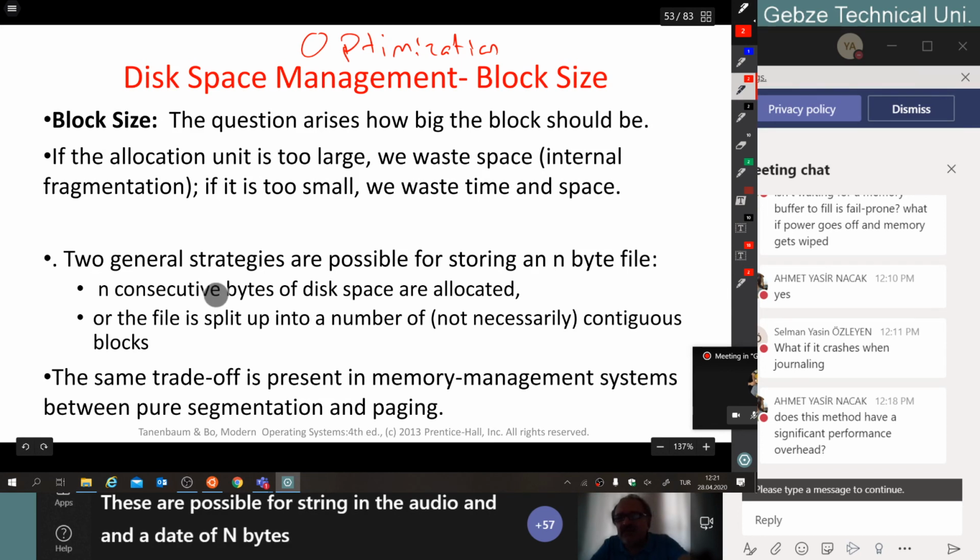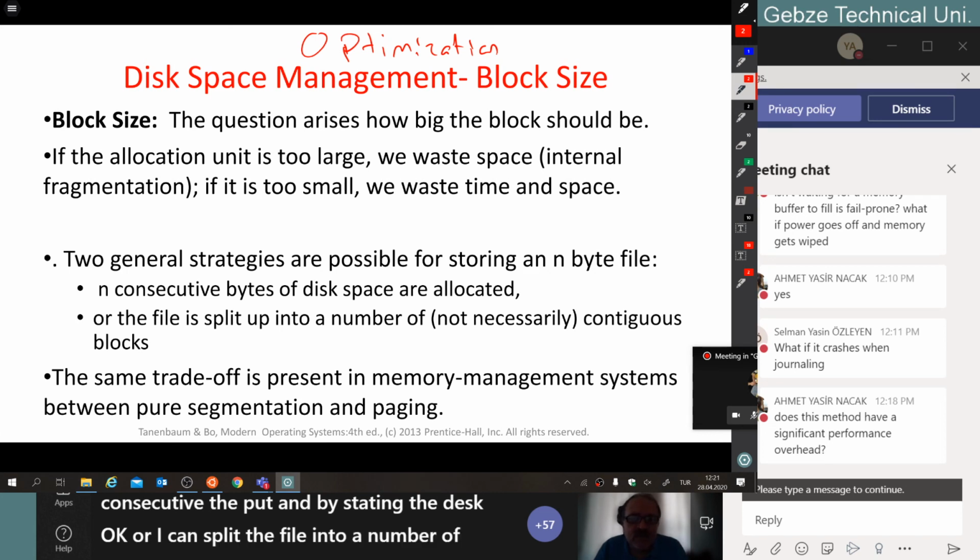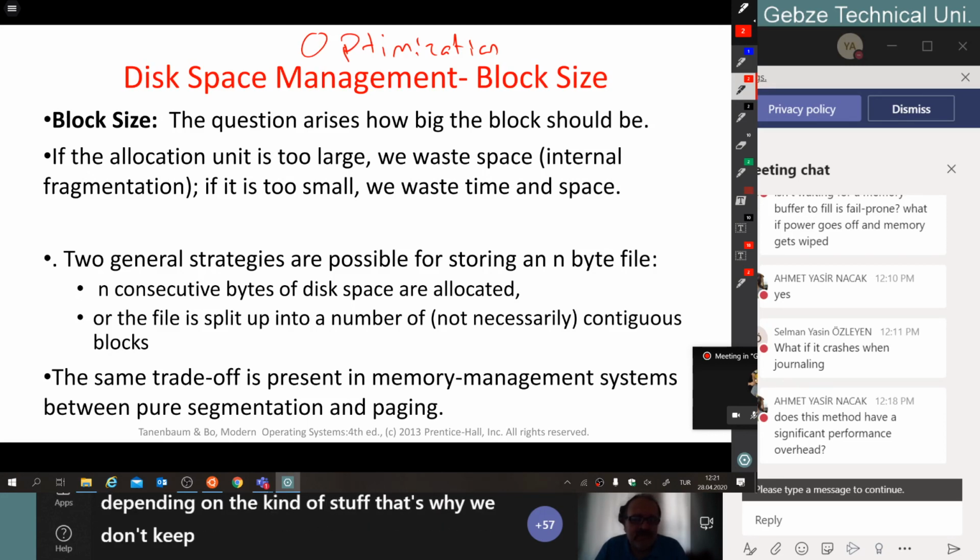I could consecutively put n bytes directly to the disk, or I can split the file into a number of not necessarily contiguous blocks. Contiguous representation has advantages, but it has some fragmentation issues and appending issues. That's why we don't keep all of our n bytes contiguously. We separate them into blocks, and I will put them in different places.